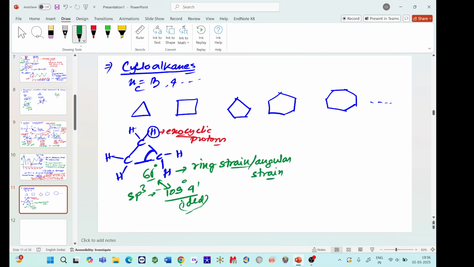What we have previously known, there are two types of strain. One is called torsional strain. This I have discussed when we studied the dihedral angle, and this is called angular strain. There are two terms.